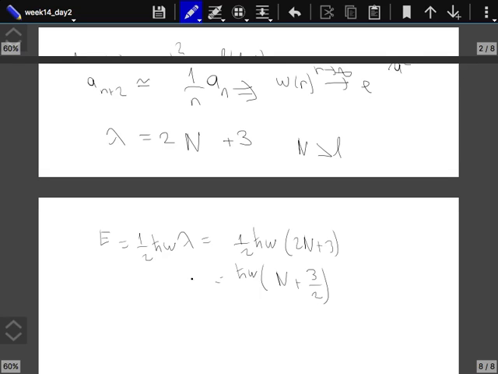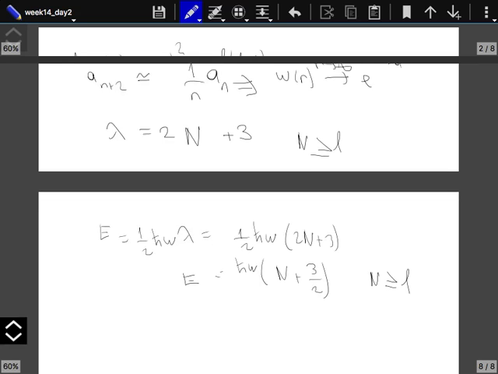So you see, the energy eigenvalue depends only on this quantum number capital N. And the only restriction on this quantum number capital N is that N is larger than or equal to l, or let's say l is less than or equal to N. So for N equal to 1, we have l equal to 1.